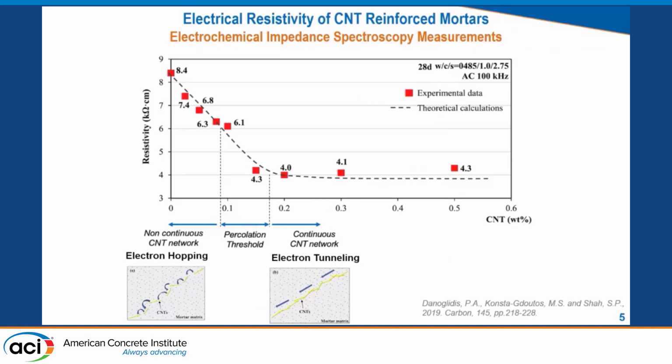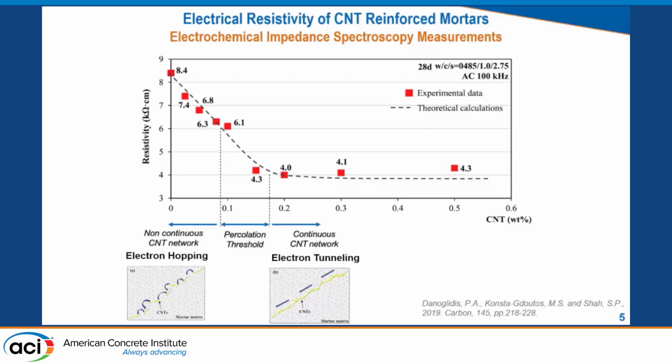Before we start with these AFM results, just to introduce the actual experimental values of electrical resistivity that we published about these mortars, 28-day mortars, AC measurements, reinforced with the carbon nanotubes from very low amounts and up to 0.5% per weight of cement.